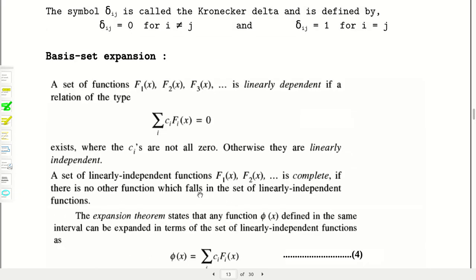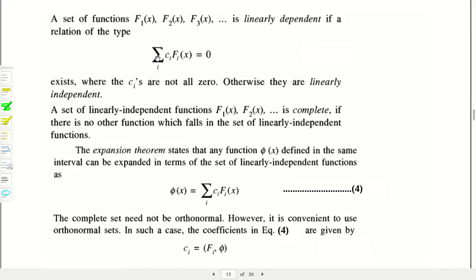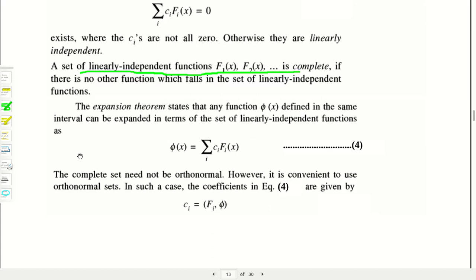And now comes the basis set expansion. If you have n or an infinite number of linearly independent functions, the definition of linear dependency is there, but I am not going into this. Now if you have a set of linearly independent functions f1, f2, dot dot dot, f infinity maybe, you can write any other function.